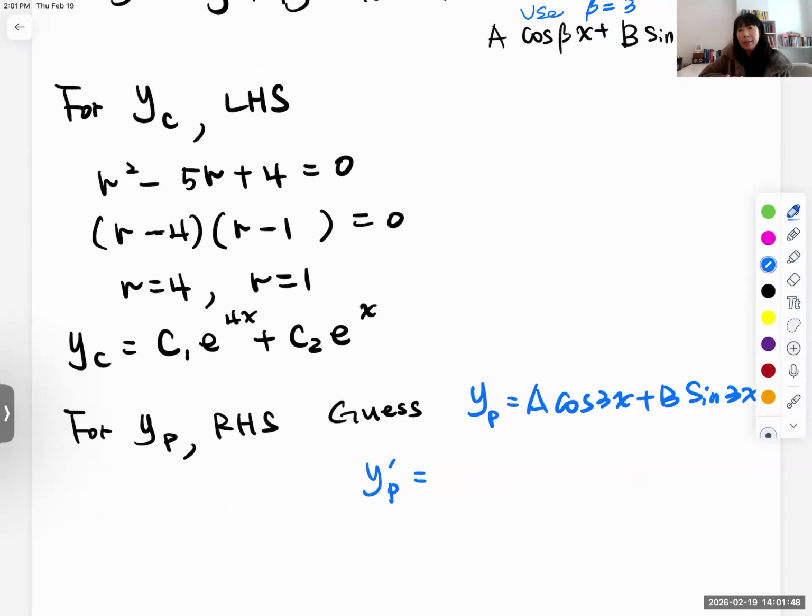Cosine, negative sine, then times 3, right? So negative 3A sine 3x. And derivative of sine is cosine, and times 3 because beta is 3, right? So plus 3B cosine 3x.